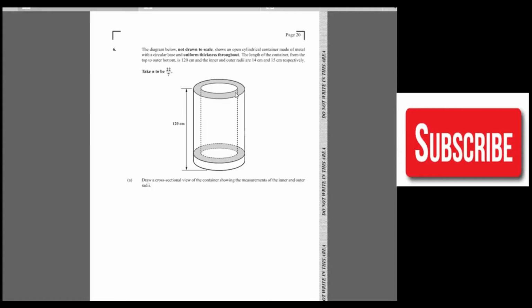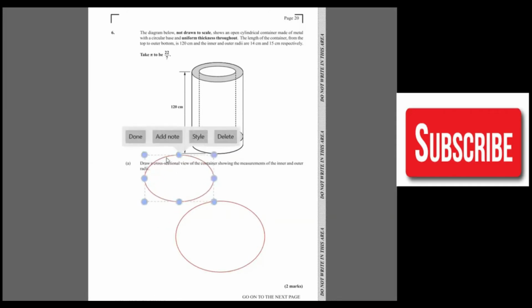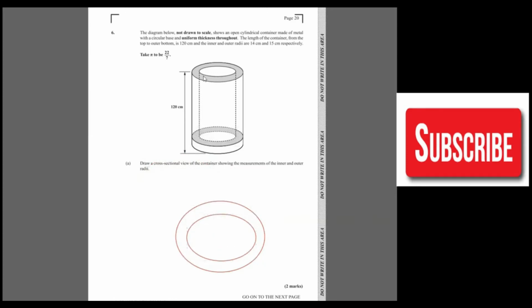Cross-sectional just means draw this face right here. So all we're going to do is draw the cross-section. Drawing the cross-section, we have a circle. Then we have another circle, and we put this one inside of it. And that's what we have. One of them has a radius of 15 centimeters, that's the bigger one.